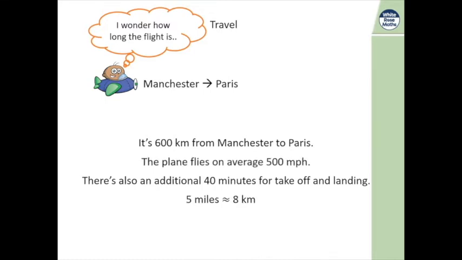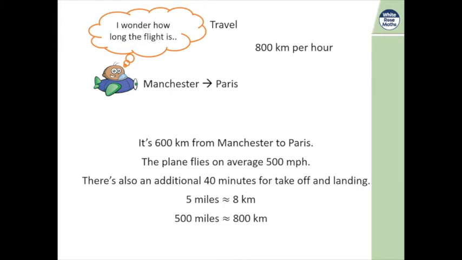So 500 miles is approximately equal to 800 kilometres, which means the plane flies on average 800 kilometres per hour. Now the distance from Manchester to Paris is 600 kilometres, so we know the flight time is going to be less than an hour.